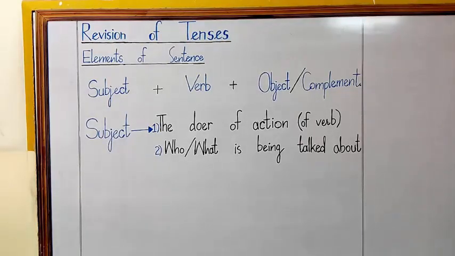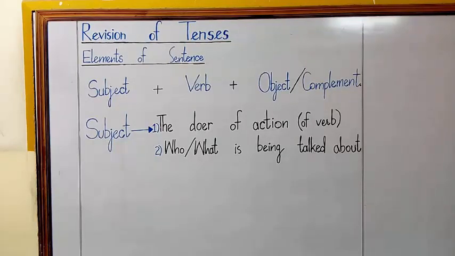So that somebody or something that performs that action of verb is called subject. And the second definition is who or what is being talked about. In simple words, when somebody says a sentence, you can understand who that somebody is talking about.